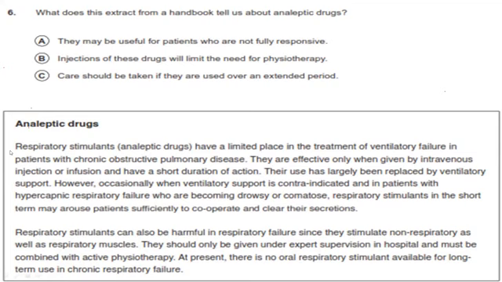Their use has largely been replaced by ventilatory support. However, occasionally, when ventilatory support is contraindicated and in patients with hypercapnic respiratory failure who are becoming drowsy or comatose, respiratory stimulants in the short term may arouse the patient sufficiently to cooperate and clear their secretions.